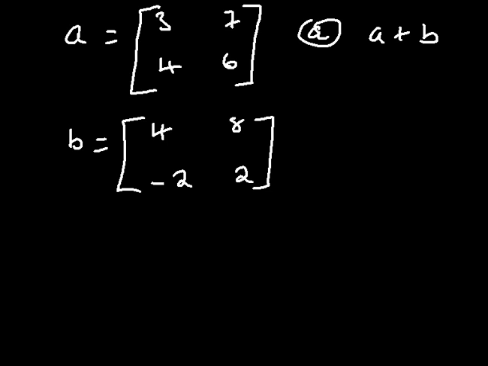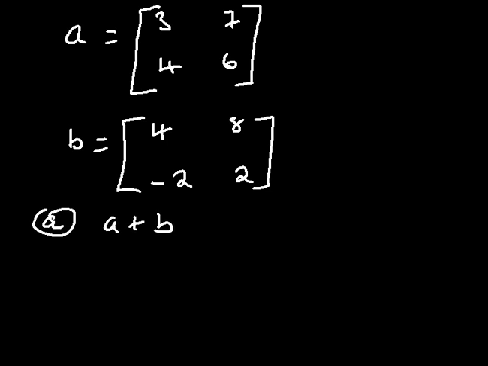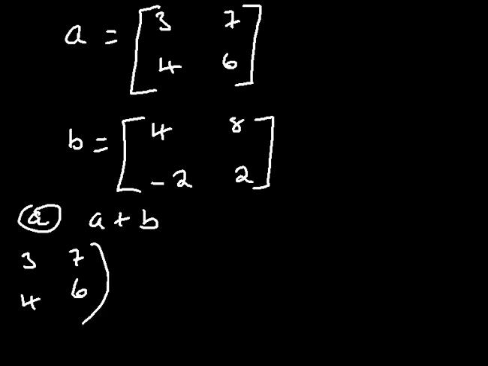In this case we need to add these matrices complementary. So we'll have the matrix 3 down 4 and 7 down 6 being added to 4 down negative 2, and 8 down 2.